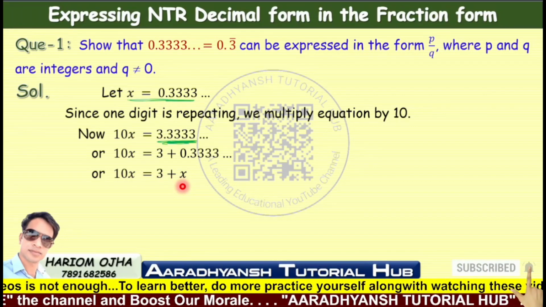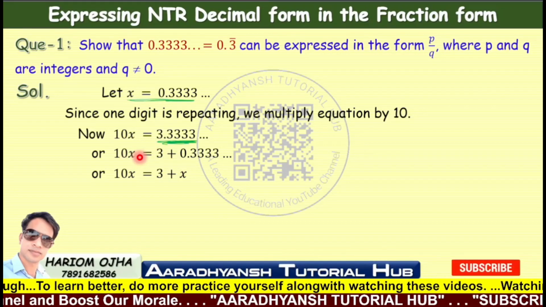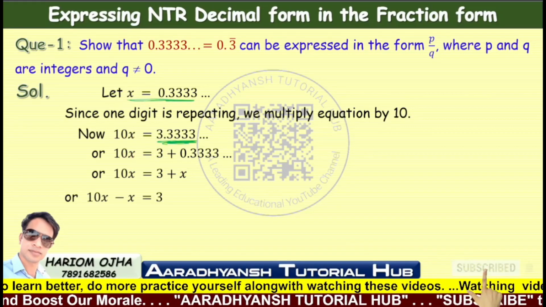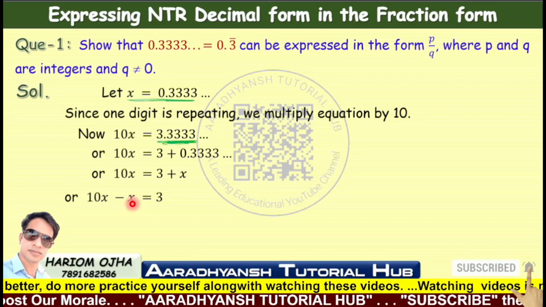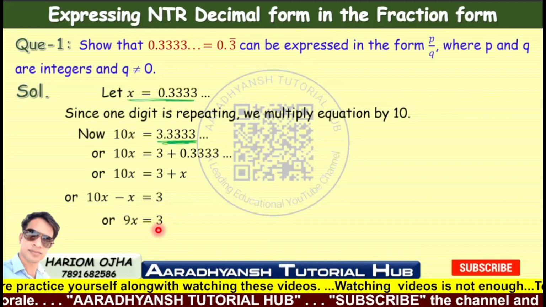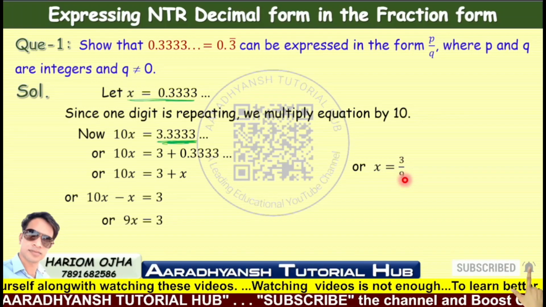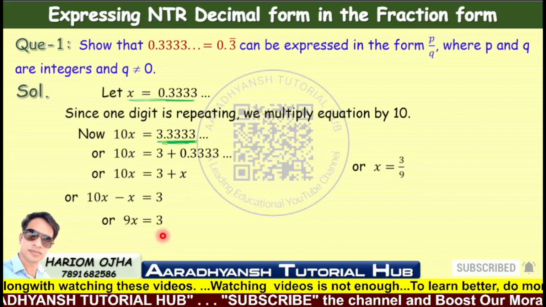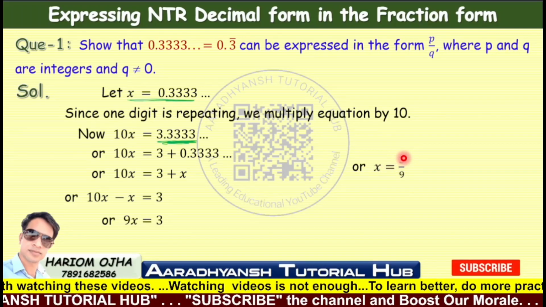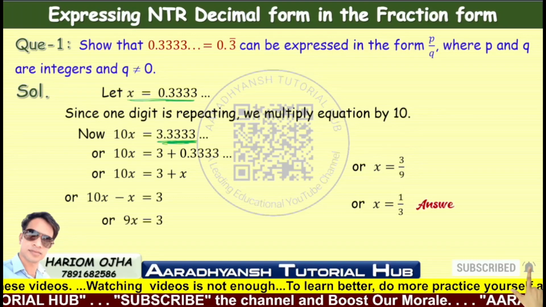Now solve this equation, transposing x to the left side: 10x minus x equals 3. Next step, 9x equals 3, and then x equals 3 over 9. Simplify this, x equals 1 upon 3.